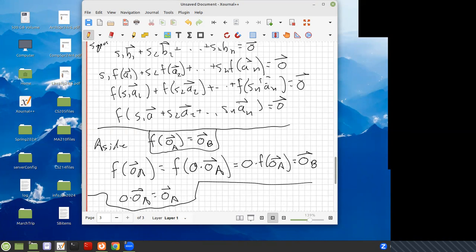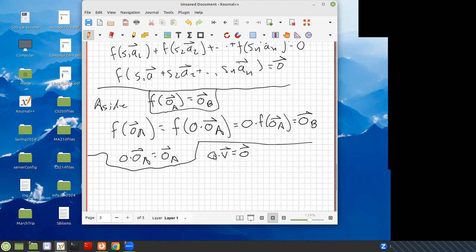It's guaranteed by the multiplicative property, since 0 times any vector equals the 0 vector. Given this result, star, we have this result also.